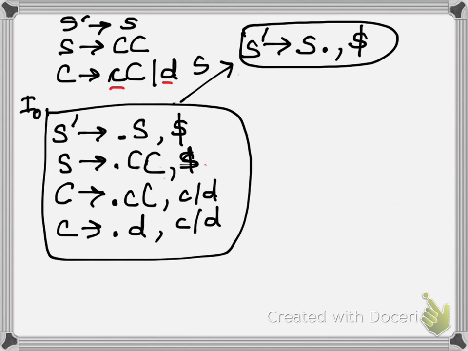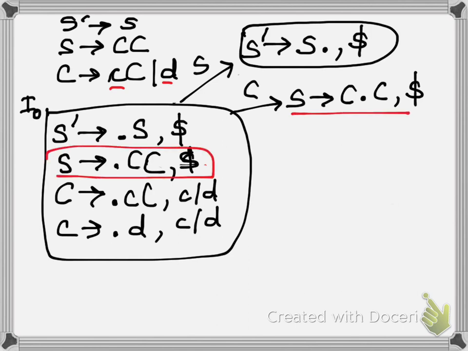So this is goto on S. Then we can have a goto on capital C. So S derives capital C dot capital C. And the first item, again, the look ahead remains the same. So we have arrived at this from this. When you are the first item in your goto set, the look ahead remains the same. You're going to change it only in the next one when we compute the closure.